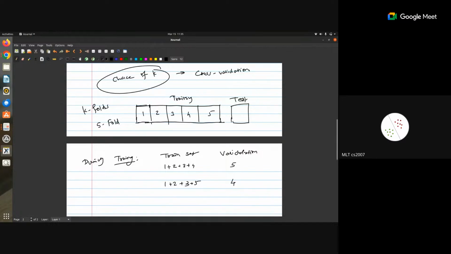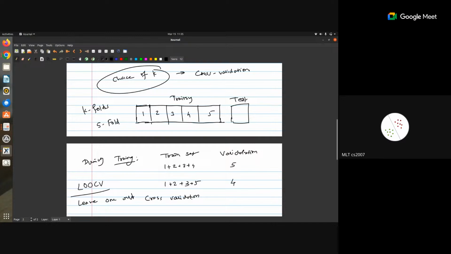There is another method, I don't know whether it is taught or not, called leave one out cross validation. What does this technique do? In this case, you just leave one data point.